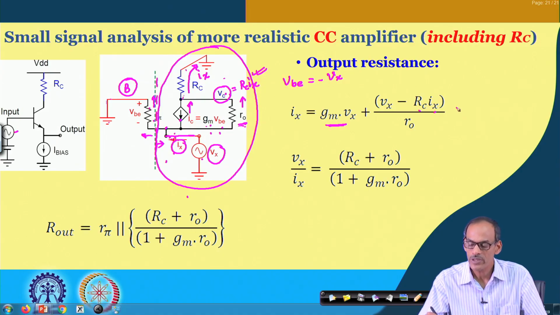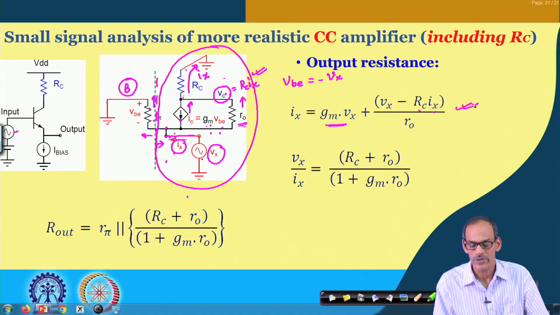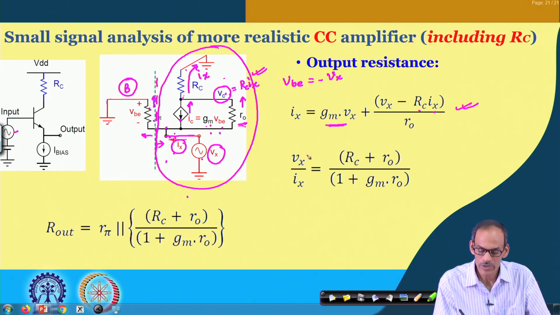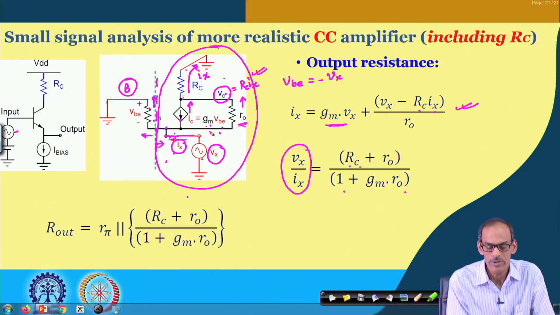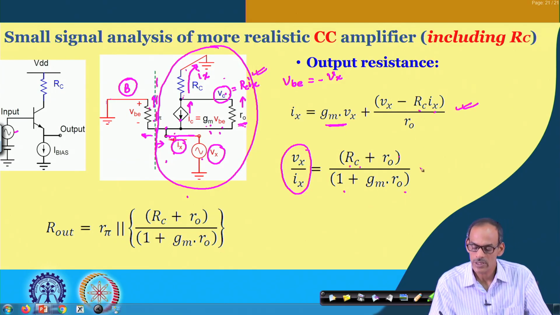Now, what we obtain here is the relationship between I x and V x, and from that we can get the ratio V x divided by I x, that gives us R c plus R naught divided by 1 plus G m into R naught. So, interestingly, the resistance coming from this circuit will again be quite small. This part may be dominating.